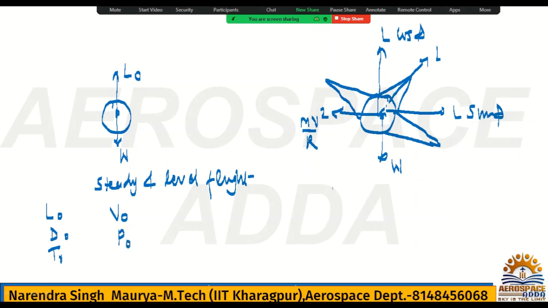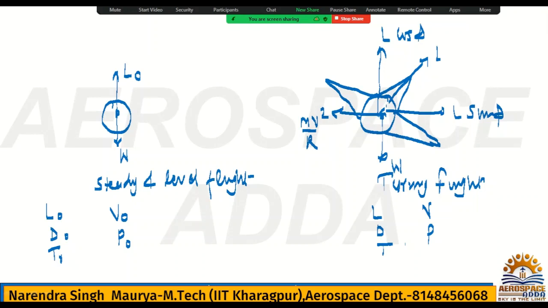And when the aircraft is turning, this is the turning flight. That time I told lift will be L, drag will be D, thrust will be T, velocity will be V, power required will be P.